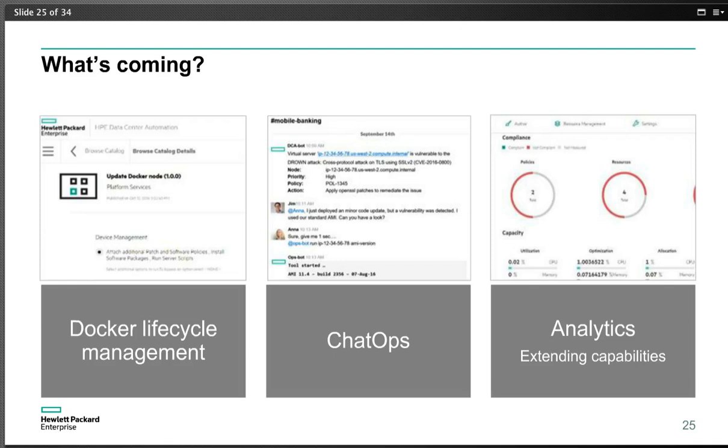We believe that we can bring value in that environment by managing Docker hosts, by managing the compliance of those container hosts, and by being able to plug provisioned hosts into the container orchestration framework. Those are the kind of capabilities that you will see us bringing out in the upcoming releases around the container environment.